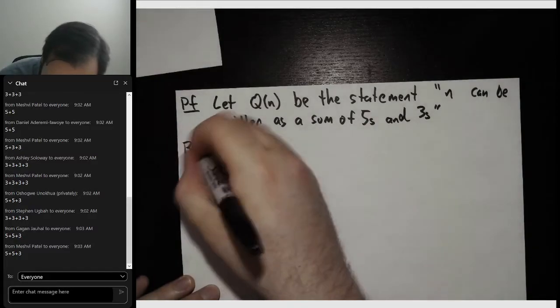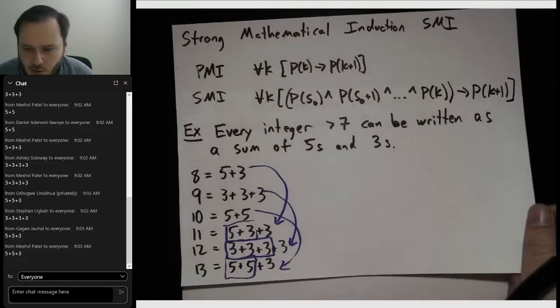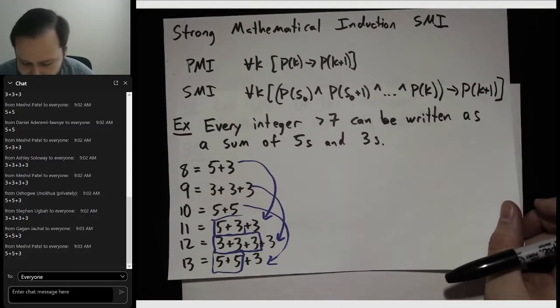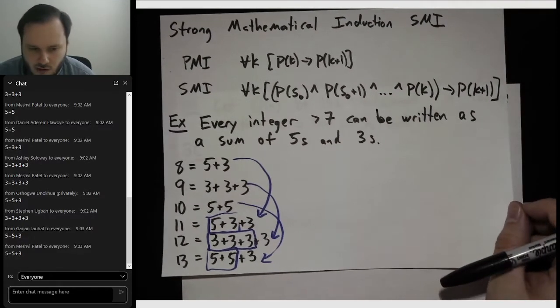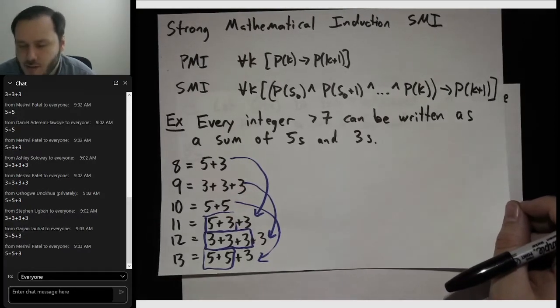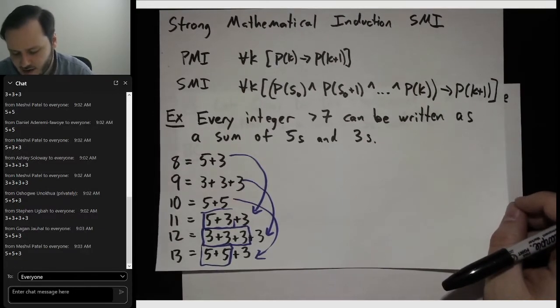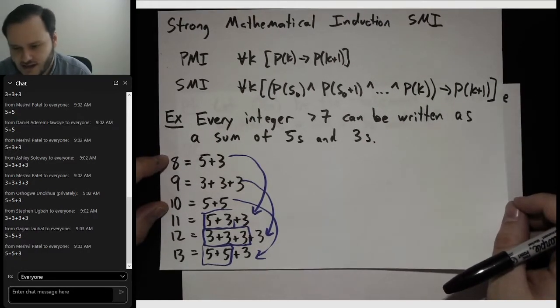And now when we look at our base case, we actually need more than one base case. Our seeds of our proof, the fundamentals we're going to build on are 8, 9, and 10. Those are our 3 core ideas.